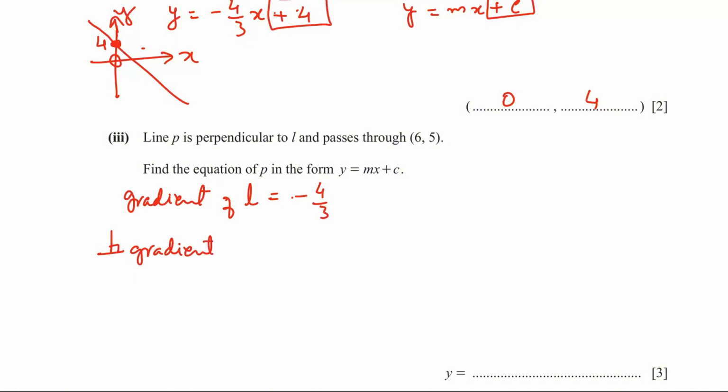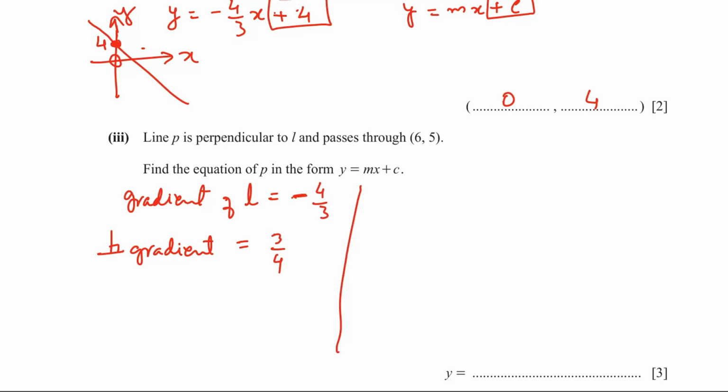The perpendicular gradient is the negative reciprocal of the original gradient. So that becomes 3 over 4. Since it is negative, it turns into positive, and 4 over 3, you just flip it upside down. And now we know the gradient of the perpendicular line P.